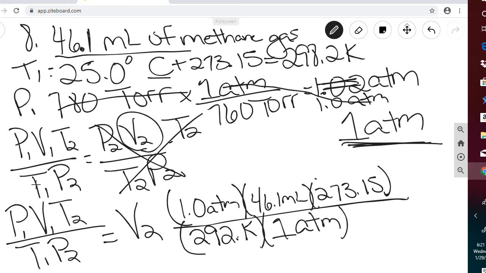Okay, so again, we have an atmosphere on top, an atmosphere on bottom.